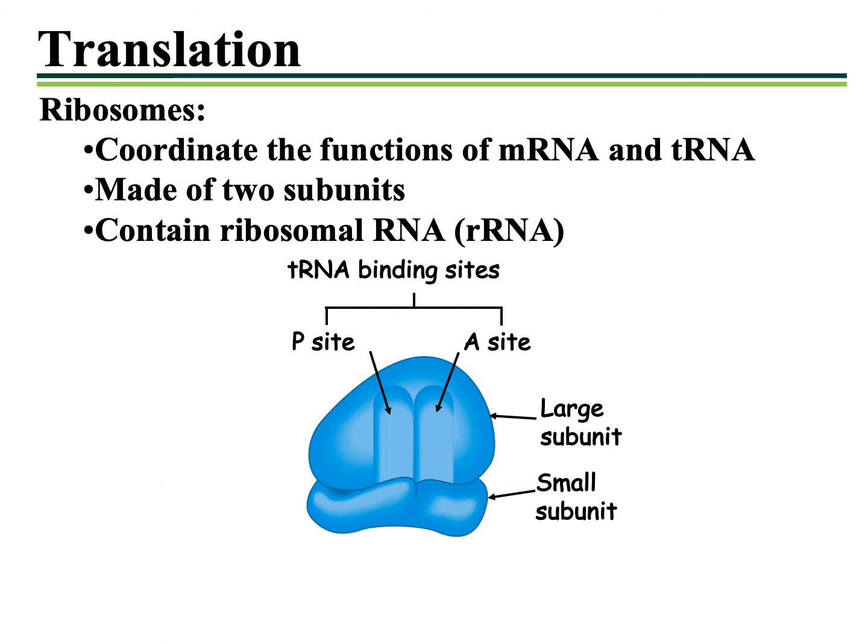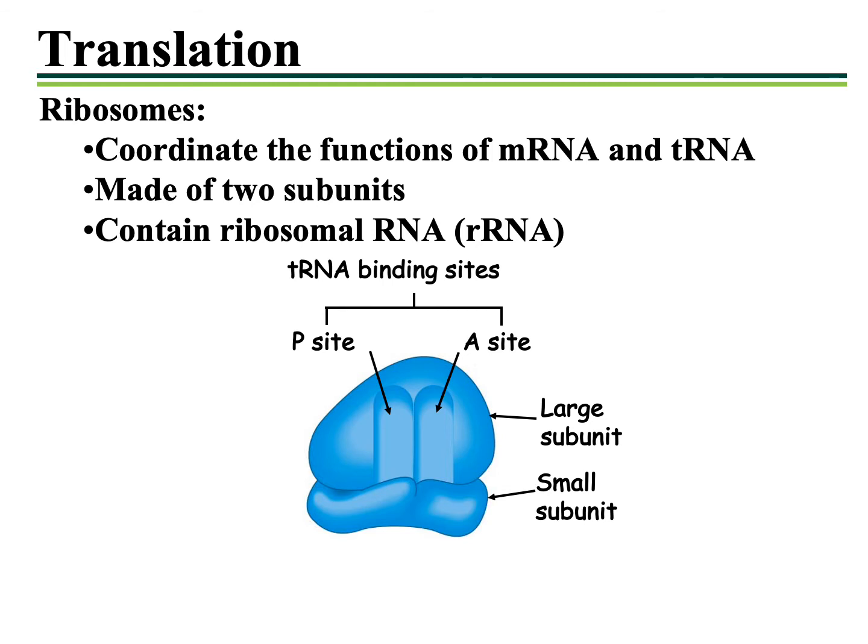The P site stands for peptidyl tRNA binding site, and the A site stands for aminoacyl tRNA binding site. What is not shown on this simplified figure is the exit site, and for our purposes that's not so important. It is just a location where tRNAs sit temporarily after they have donated an amino acid to protein synthesis.